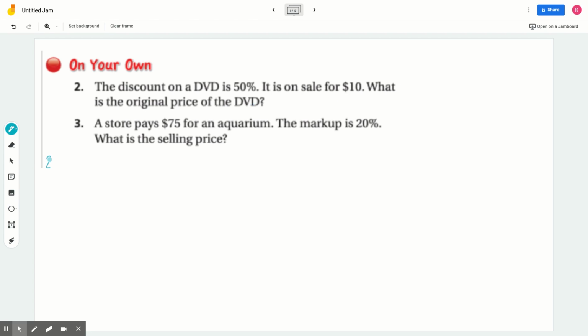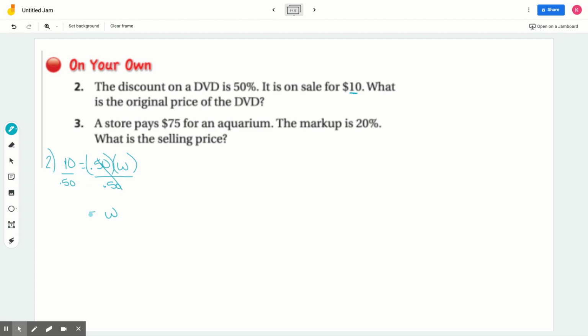So for number 2, we can say the sale price is 10. That's our part, is equal to 50% of what amount? Again, to get W by itself, these two items are being multiplied. To get it by itself, we do the opposite, which is to divide.